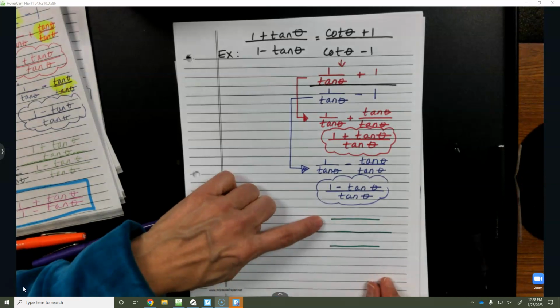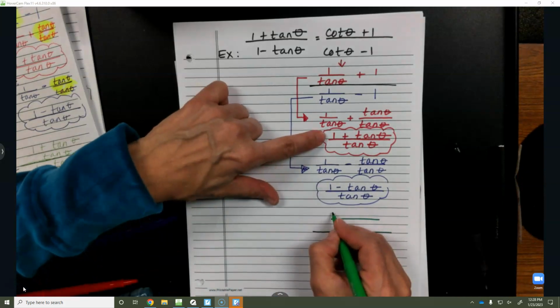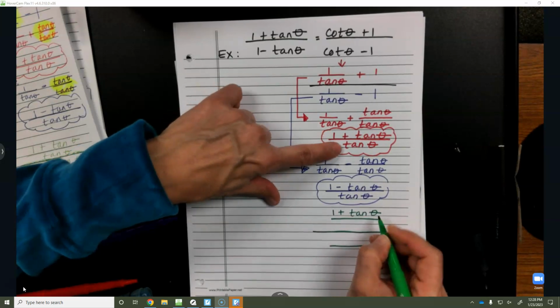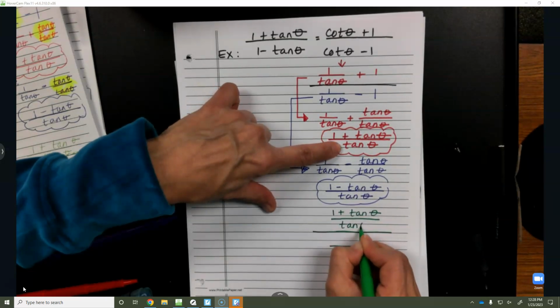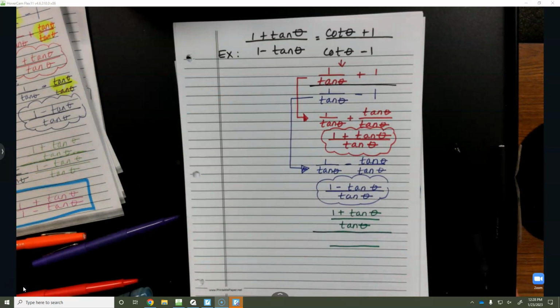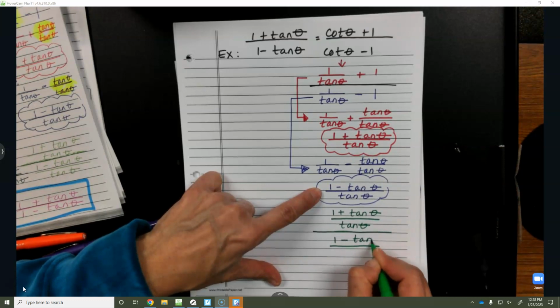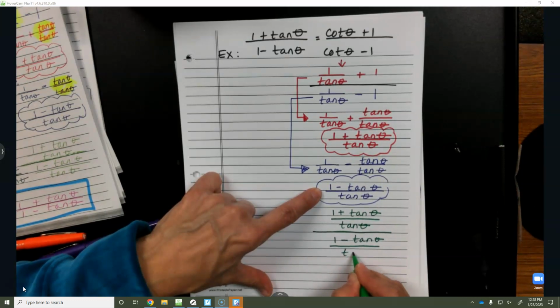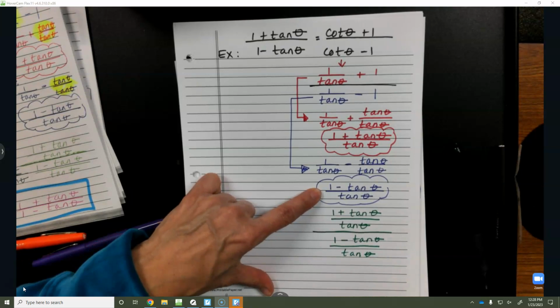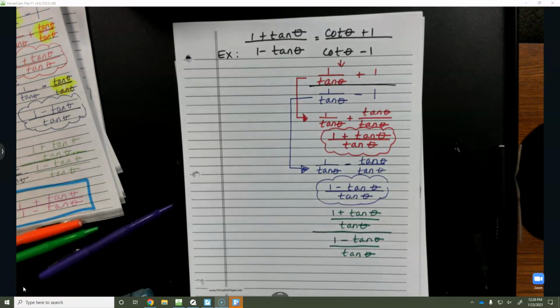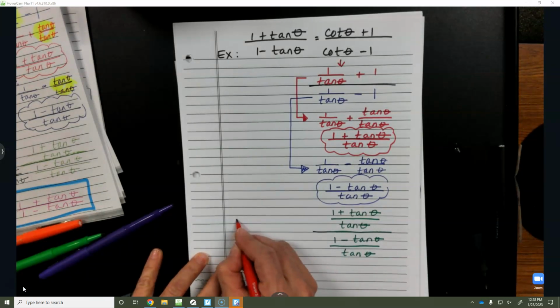Now remember, the numerator was 1 plus tan theta over tan theta. Remember, the denominator was 1 minus tan theta over tan theta. When you simplify the top and the bottom as far as you could take it, this is when you keep, change, flip.